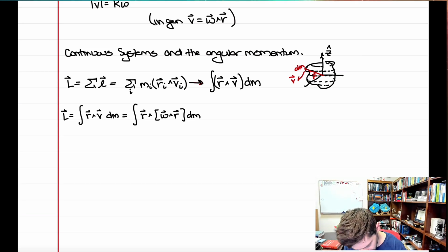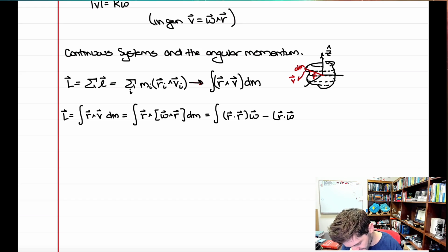But then I can use one of those handy triple product rules. In this case, I believe it's the BAC-CAB rule. And so this becomes, once you look that up, r cross r dot r multiplied by omega minus then r dot omega multiplied by r, all over dm. So that's just a vector identity.